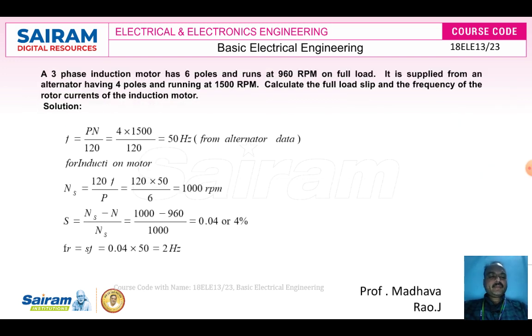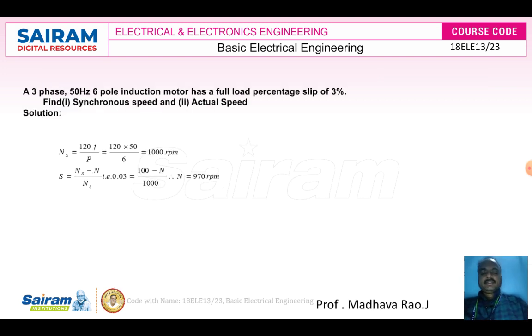This is a very simple problem, and the second problem is the most expected one. A three-phase 50 Hertz 6-pole induction motor. Here F is given, P is given. At full load the percentage of slip is 3%, slip is given.